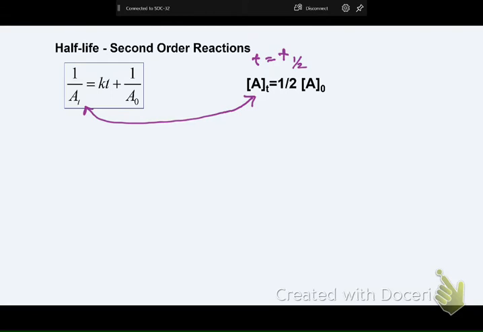And then there's a little bit of algebra after that. So that's 1/2 A0 equals kt plus 1 over A0. And t is t 1/2.